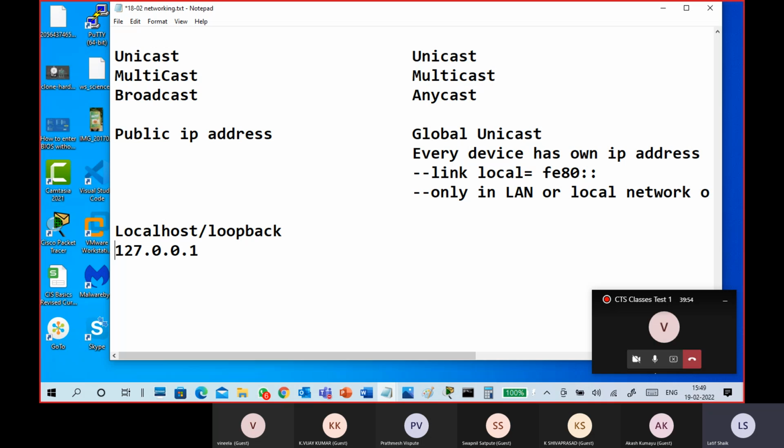Every PC has its own name, but every PC also has a common name for itself called localhost. And every PC has a unique IP address for communicating. But every PC also has an IP address for communicating with itself. That IP address is 127.0.0.1.